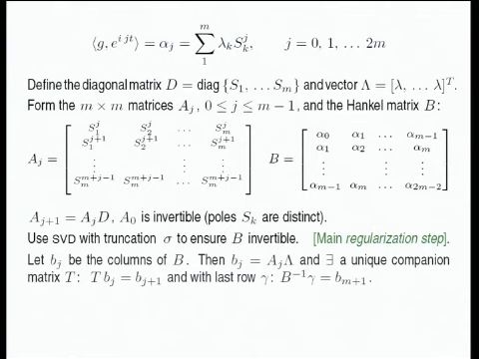You can show that A_{j+1} is A_j times D. That's quite easy just from multiplying. You can show that A_0 is invertible. Aha! It's a Vandermonde, but the poles are distinct by my assumption. You use SVD with some truncation to make sure that B is invertible. So this is the regularization step.